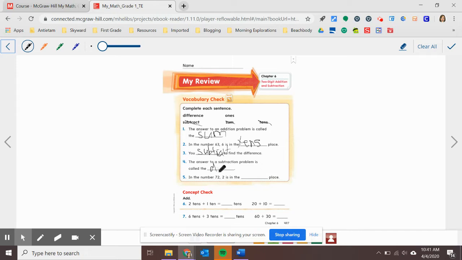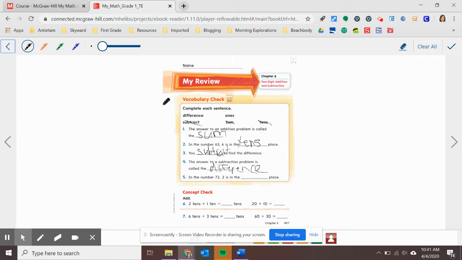So go ahead and write that very long word on the line for number 4. And again, make sure that your handwriting is much neater than my handwriting since I'm writing on a computer and you're writing on your paper with your pencil. Write that very long word, difference. It's the answer to a subtraction problem.